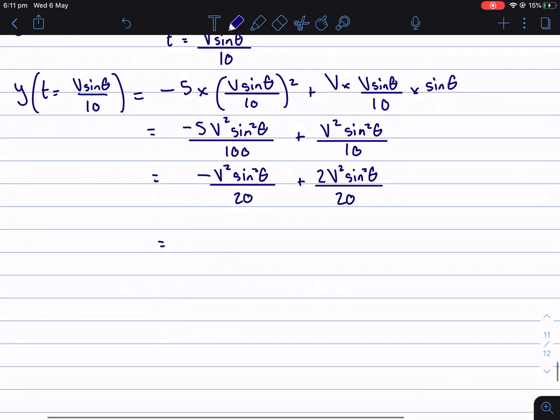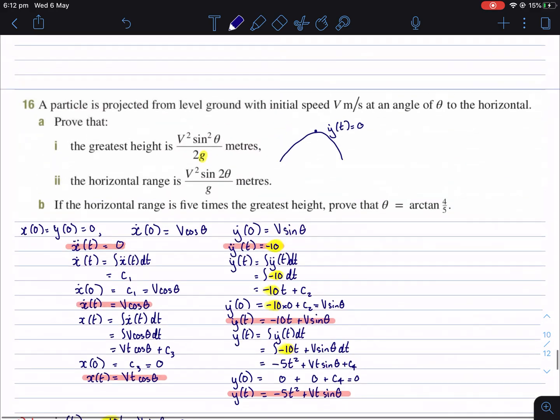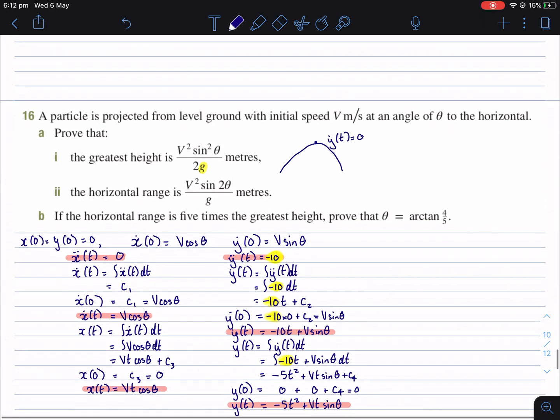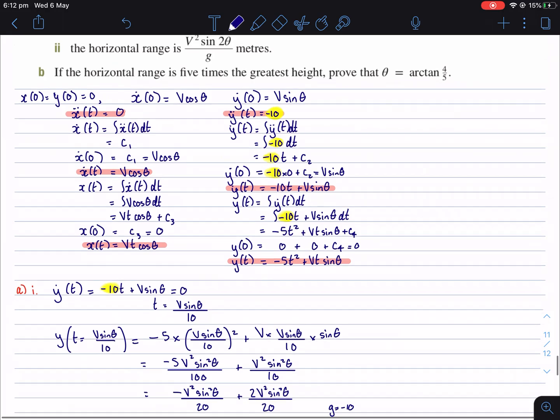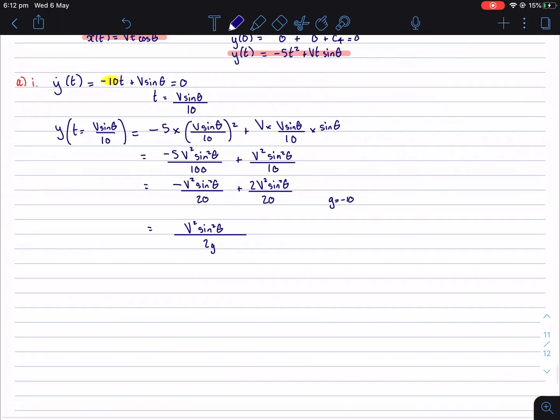So if you get 20, it's just 2g. So I've got negative v squared sin squared theta plus 2v squared sin squared theta. So I've got v squared sin squared theta over 2g. And technically I should have had a negative there. But honestly, I'm a bit over it. I'm going to assume the negative cancelled out somewhere.